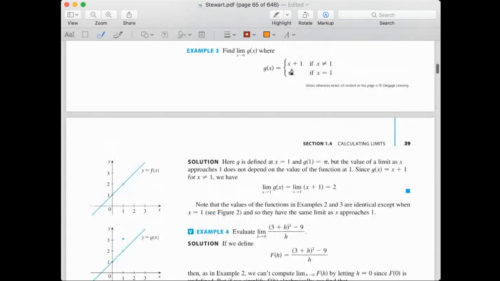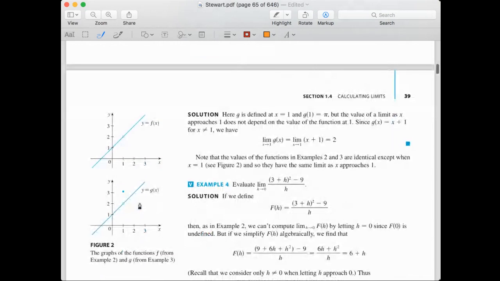This is a linear function, but x equals 1 is not in its domain, so we get this picture. You get this open circle on the line. But because we assigned g of 1 to be pi, we make a solid dot at the pi value. Pi equals 3.14 and so on. So the function value is here.